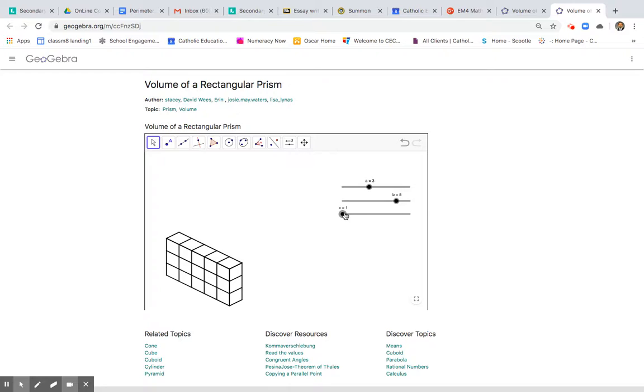You find the area of that triangular piece, then multiply it by how far back it goes. It's actually the same with cylinders. You find the area of the circle on top, then how high is that cylinder? So it's always the same when you're dealing with the volume of a prism. The volume of a rectangular prism is that special case where it's just length times breadth times width.